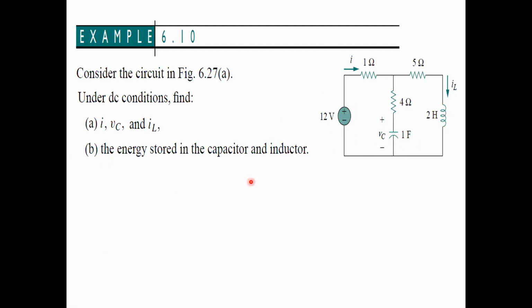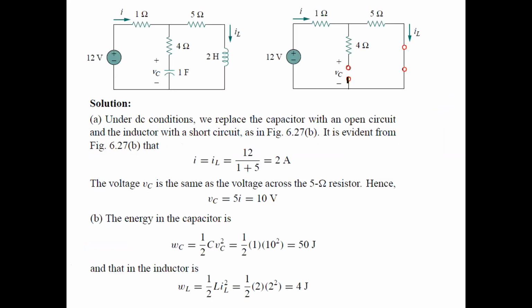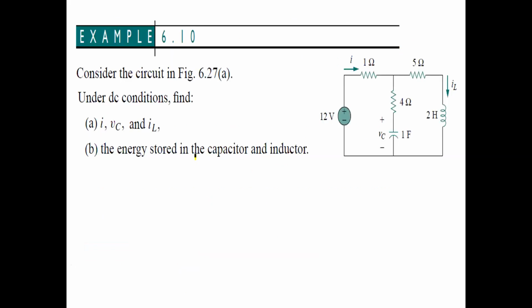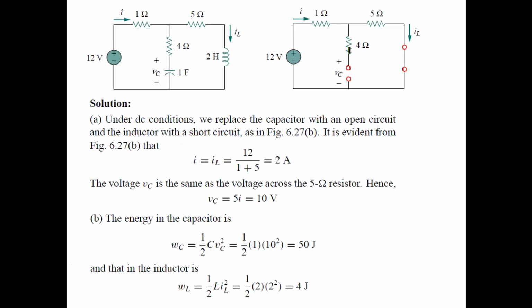So under DC condition, our circuit will look like this. Inductor is short circuit and capacitor is open circuit. So now, as you can all see, this whole branch is not a part of the active circuit.